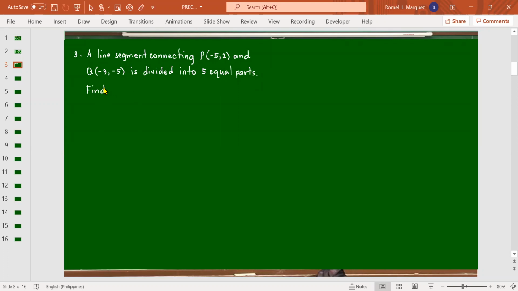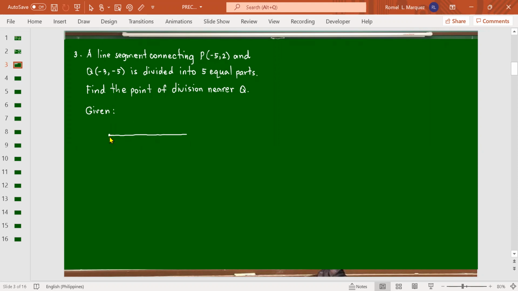Find the point of division nearer Q. So let us arbitrarily draw the segment.